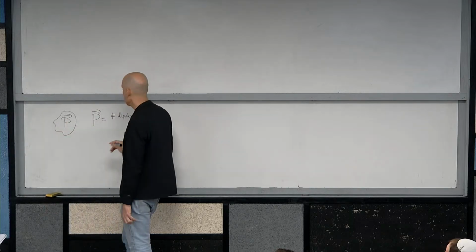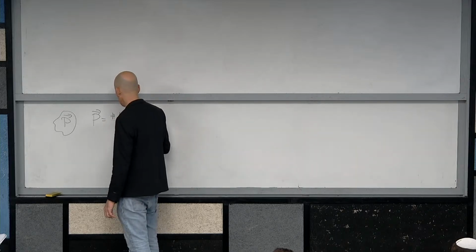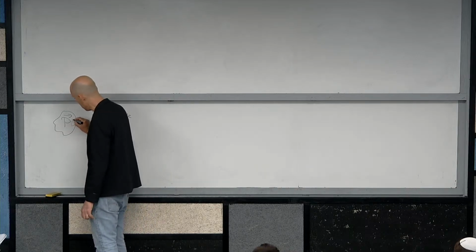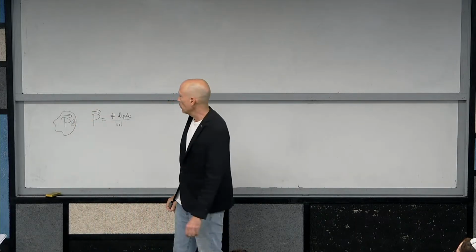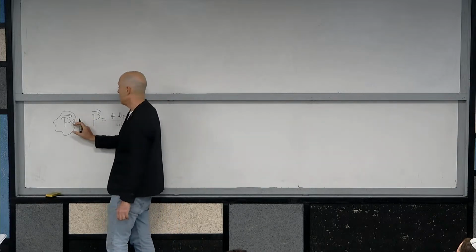And this polarization is simply the number of dipoles in a small volume divided by the volume. So at a given point, we have some small box, and inside this box, let's say we have dipoles in one direction, and the density of dipoles is big at this point.